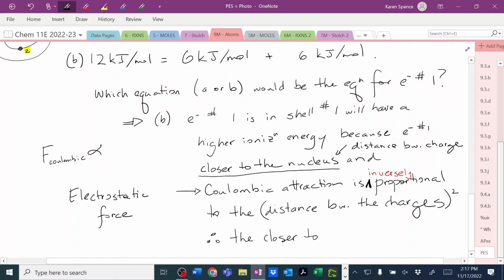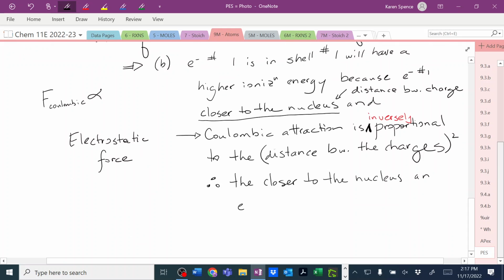I'm going to put a squared on there. If you weren't to put a squared on there, they're not concerned so much about that in the AP exam, but I'm going to put it there because we can. Yes, hang on, I'm going to finish: the closer to the nucleus an electron is, the more tightly it is held.